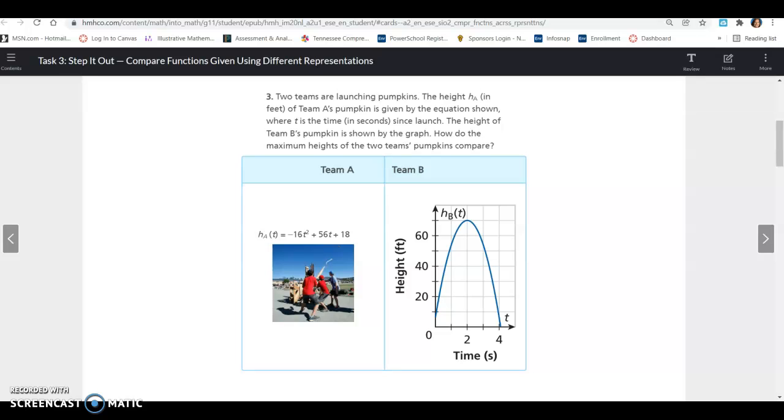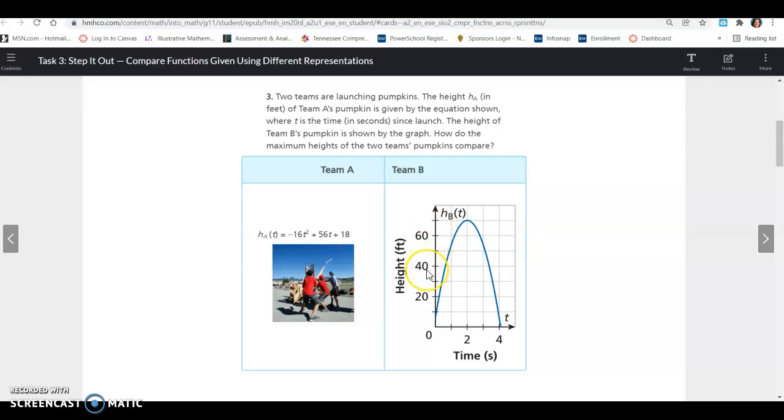All right, so we're launching pumpkins. That sounds interesting, but let's look and see what we have. So Team A has an equation here for their pumpkin launch, and Team B has a graph for their pumpkin launch. So from the graph, you can see that the maximum height, here is the vertex, would be at this spot here.